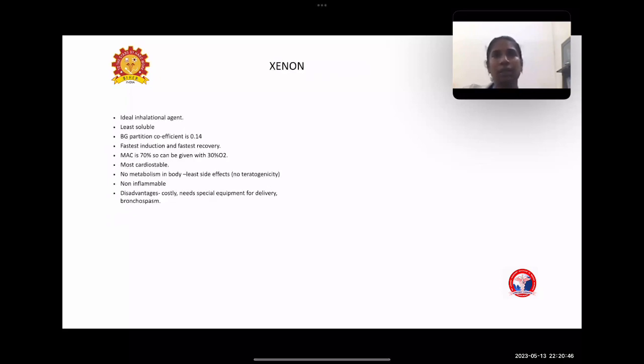Then the recent one is xenon. It is an ideal inhalational agent. It is the least soluble. Its blood gas partition coefficient is 0.14. It has a faster induction and faster recovery with a MAC of 70%, so it can be given with 30% oxygen. It is more cardiac stable. It is not metabolized in the body.